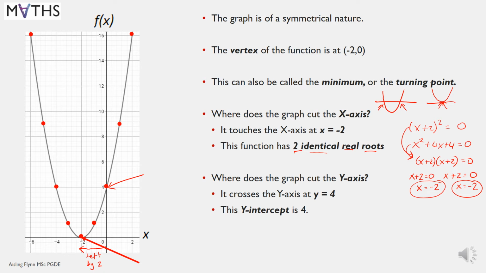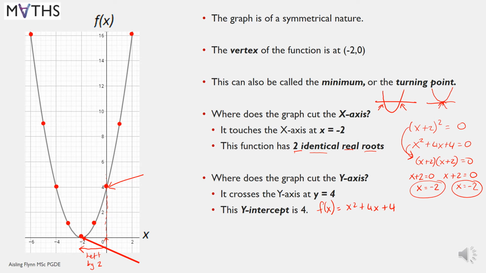Now algebraically you can see that best with the expanded version. The function, when you expanded or multiplied the brackets, was x squared plus 4x plus 4. So to get your y-intercept, the x value for anything on the y-axis is 0.